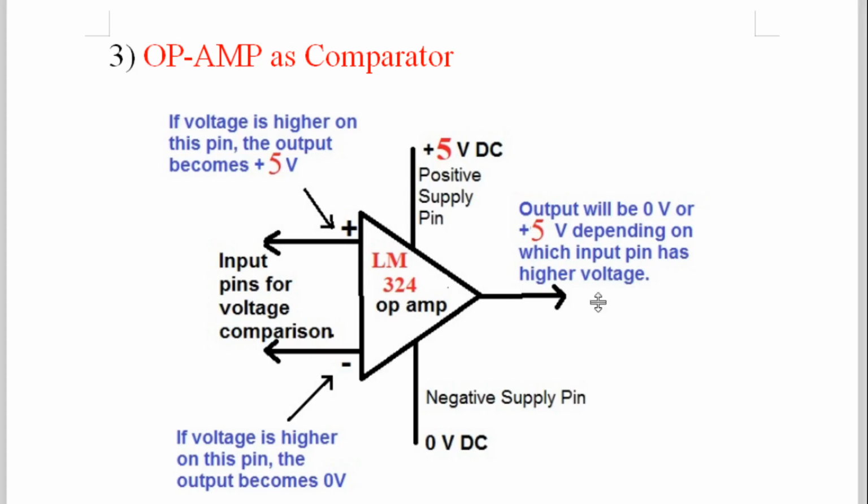Here it is written that the output will be 0 volt or plus 5 volt depending on which input pin has higher voltage. This way it works as a comparator. If the voltage at the positive, non-inverting pin is greater than at the inverting pin, the output will be plus 5 volt. And if the voltage at the inverting pin is greater than at the non-inverting pin, the output will be 0 volt. So this is the op-amp as a comparator, third block.